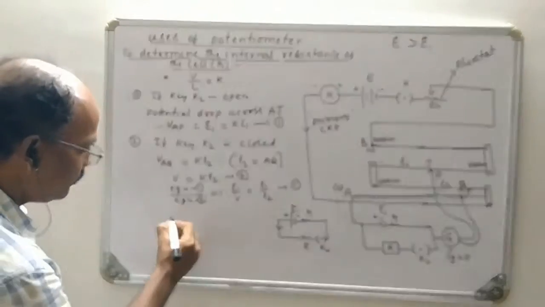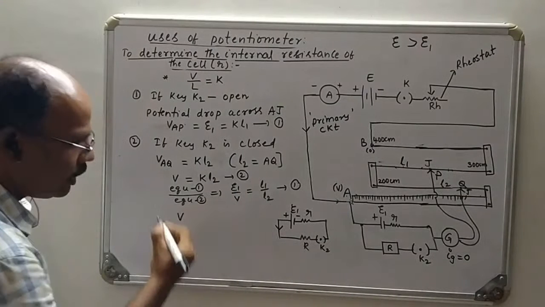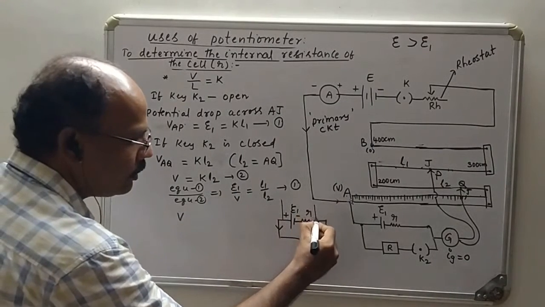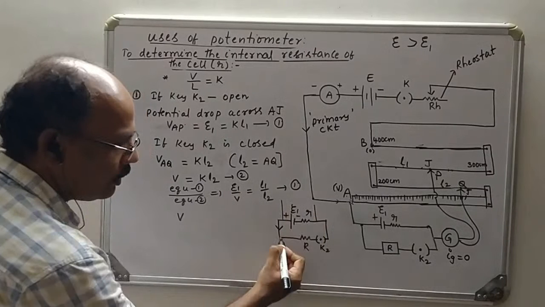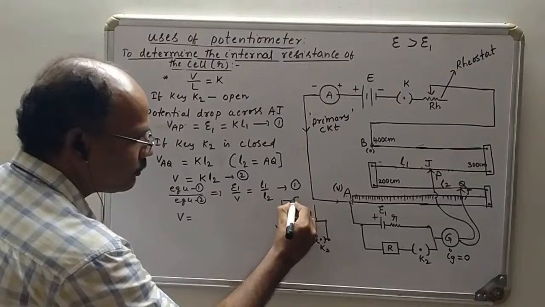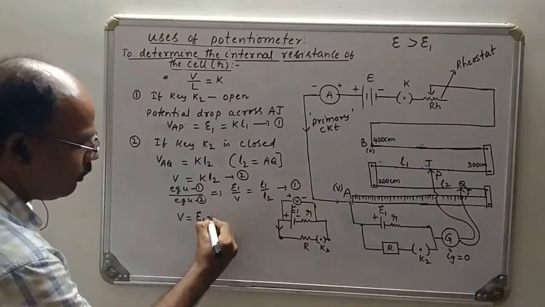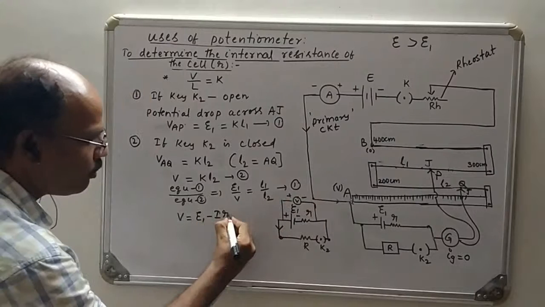Then the terminal potential difference across the cell is equal to the potential difference across the resistance. So V is equal to E1 minus I into small r.